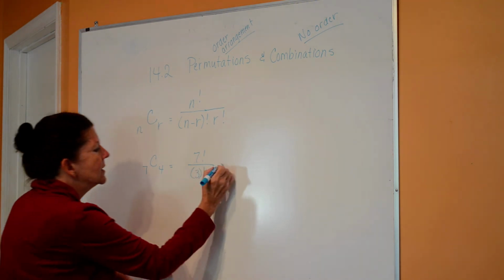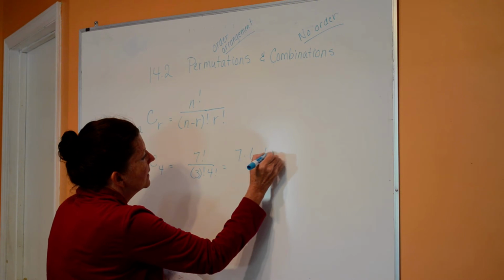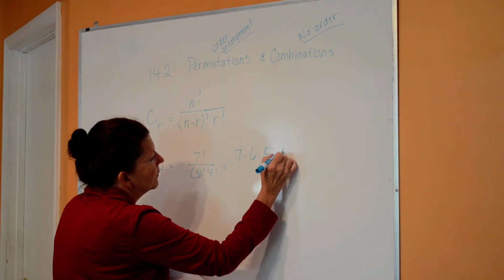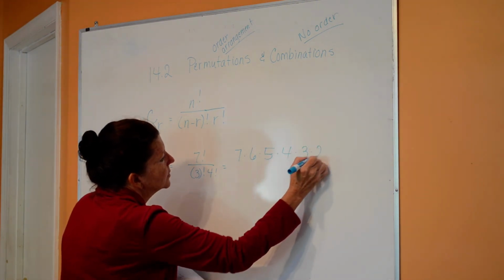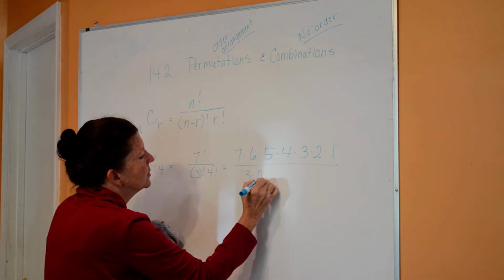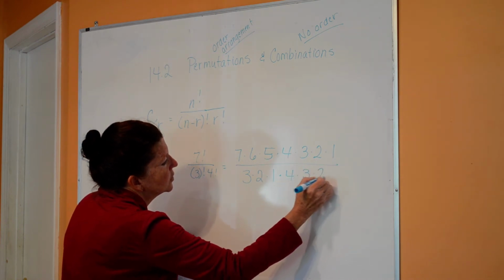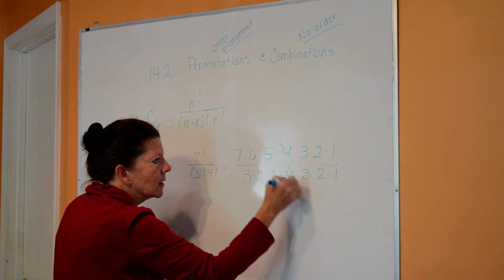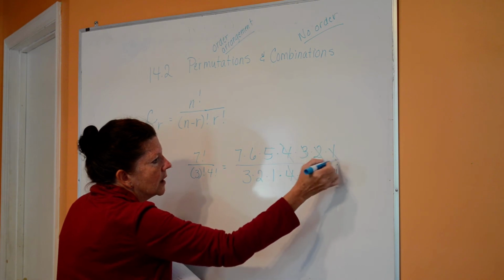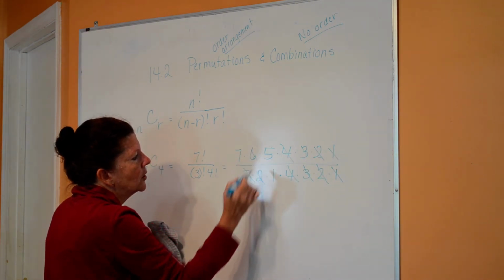Okay, so let's do this out. So I have 7, 6, 5, 4, 3, 2, 1 over 3 times 2 times 1 times 4 times 3 times 2 times 1. I don't have to deal with those. 3 times 2 is the same as 6, so I'm going to mark those 2 out.